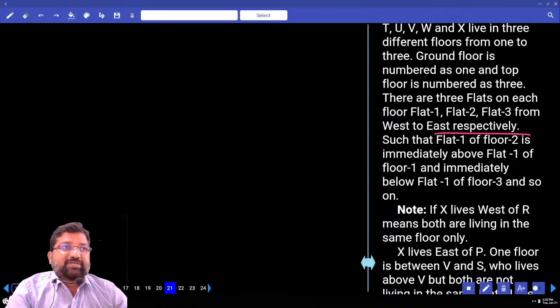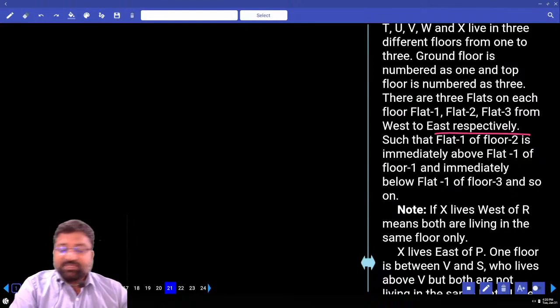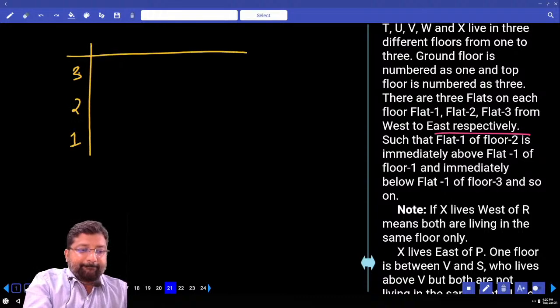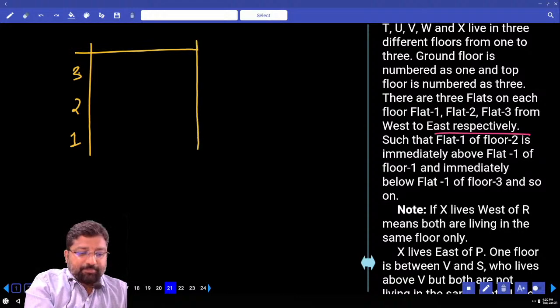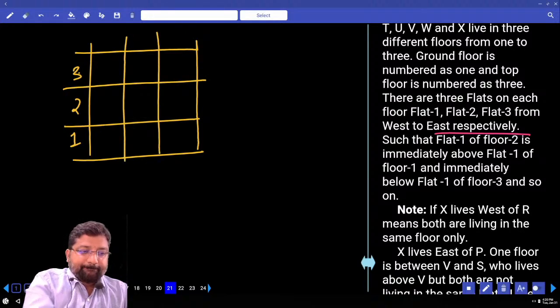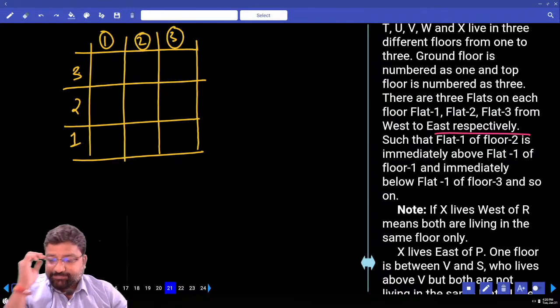West to east respectively. 3 floors, 3, 2, 1. Flats 1, 2, 3 from west to east.